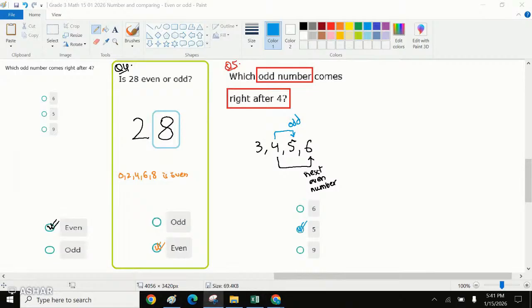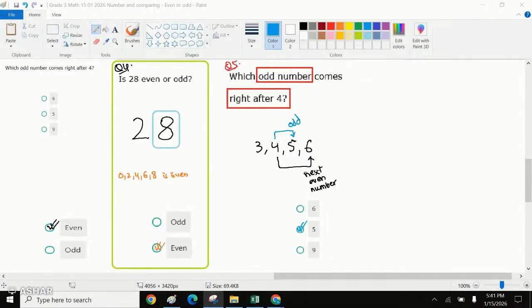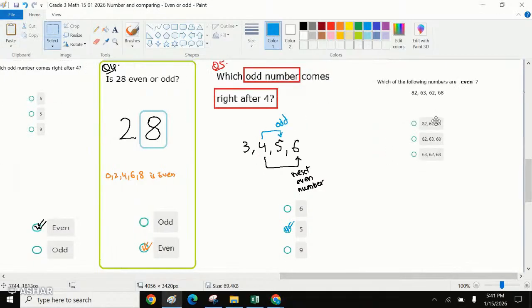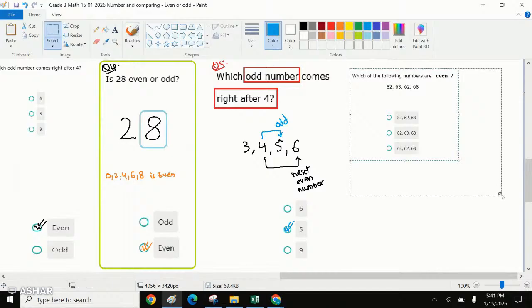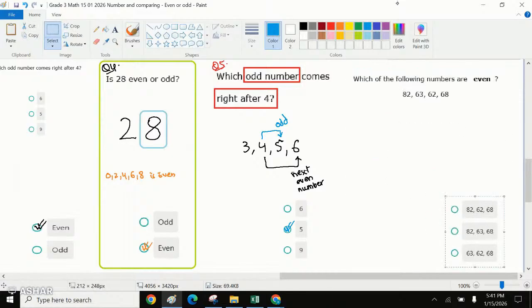What they are saying is which of the following numbers are even out of these given 4 numbers.